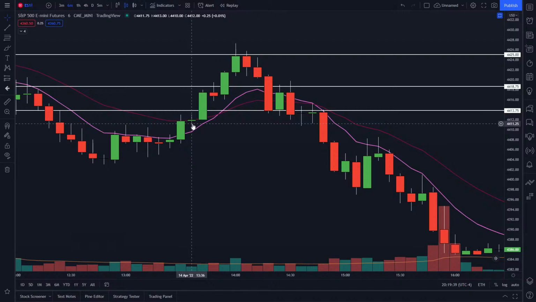So with the 9, we had already gotten into this position, right? We start to push over our 20, we confirm over our 20 as well. So that's the 9 and the 20 working together there. And then you're seeing the crossover a candle or two later. That's just because they lag.